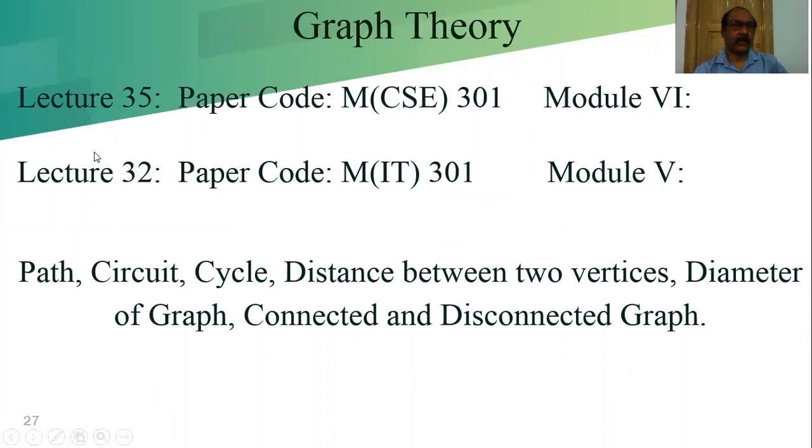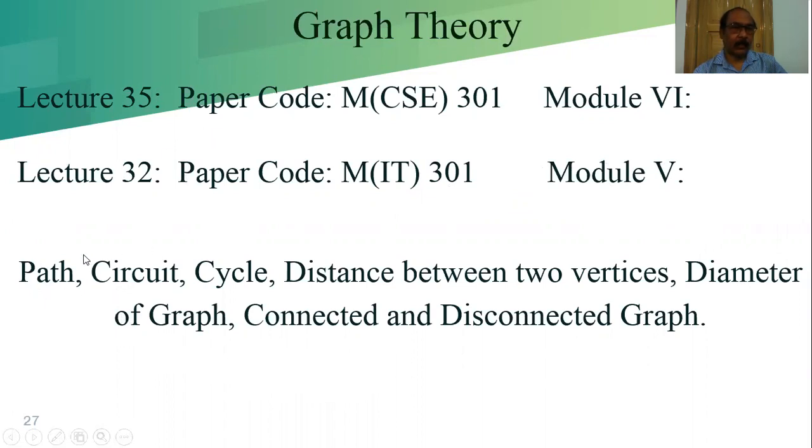Next class is lecture 32 for the paper code MCA 301, module 5. The topics we will discuss are path. We already discussed the walk.